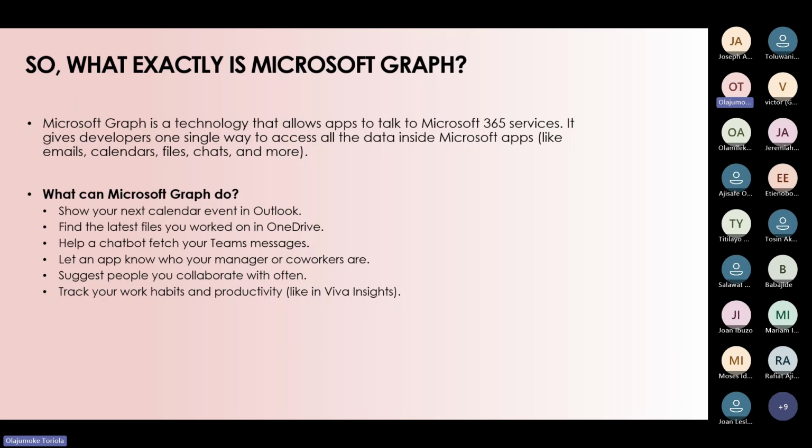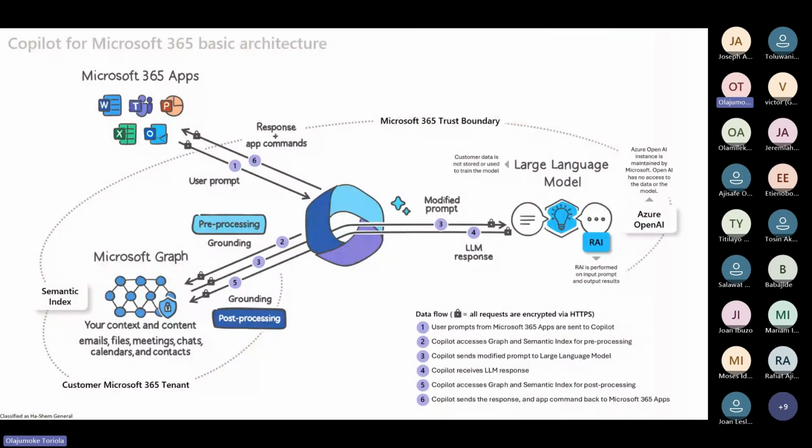So with that being said, knowing that Microsoft Graph, the LLM, and your Microsoft apps are what make Copilot for M365 work, let's now understand the architecture. Now look at the architecture of Copilot for Microsoft 365. At this place is where your Microsoft 365 apps are sitting.